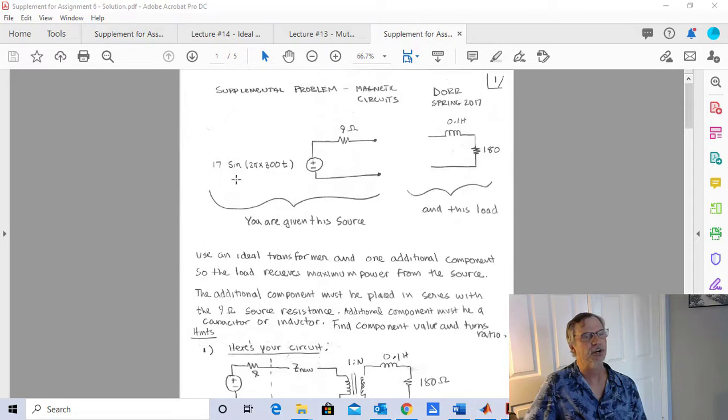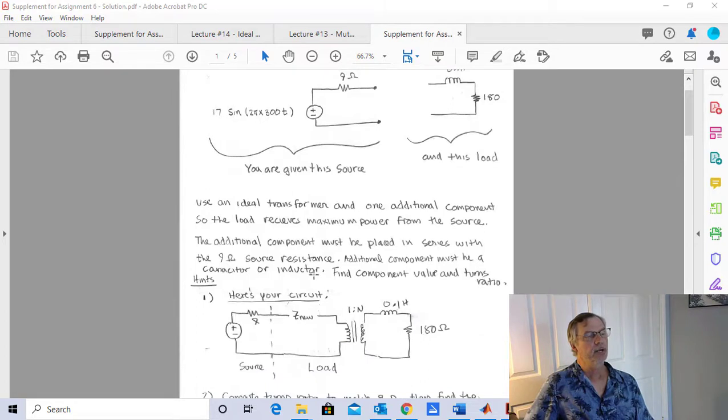So let's get started. We're given this source, and I can see that I'm given the frequency, which is going to be important because I'm going to need to know the impedance of this inductor. I'm given this source and this load, and here are the rules. I'm going to use an ideal transformer and one additional component so that the load receives maximum power from the source.